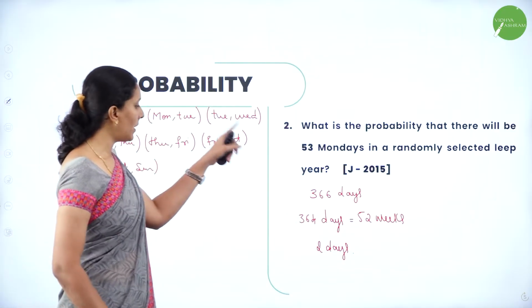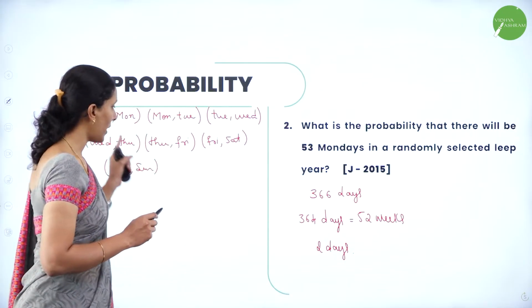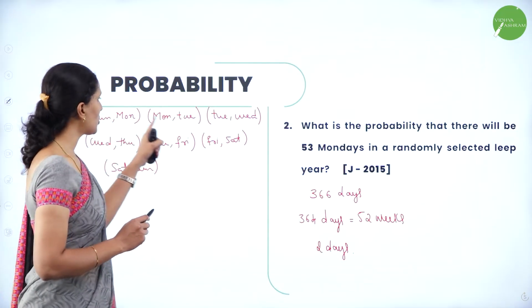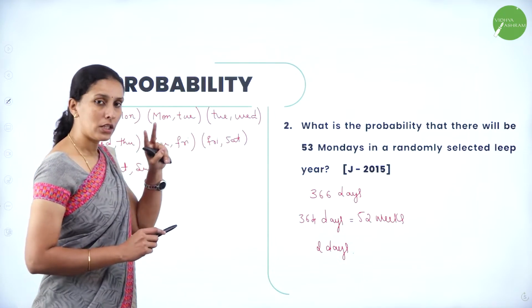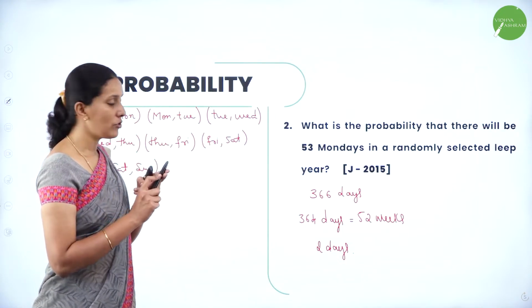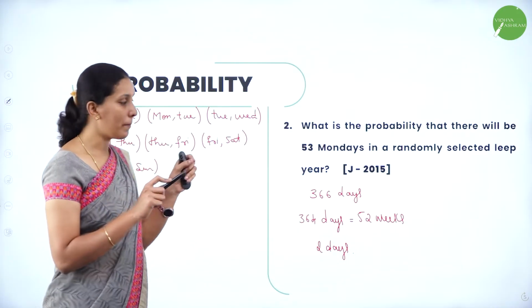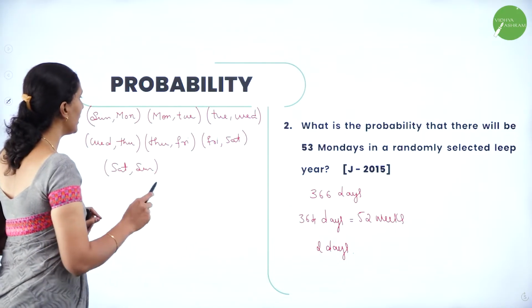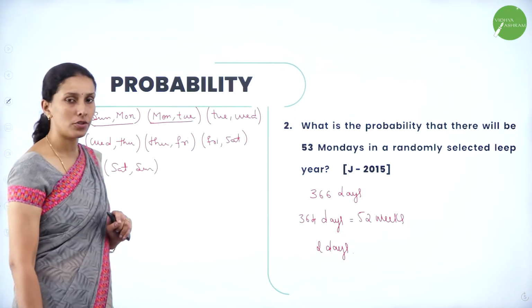These are the possibilities for the remaining 2 days, that they can become one of these pairs. So we have a total of 7 chances, and out of the 7, the probability of it being Monday is only in the 2 cases: Sunday, Monday or Monday, Tuesday.